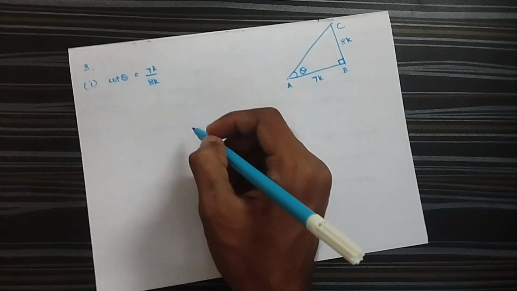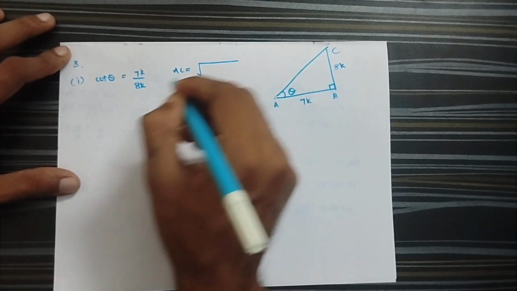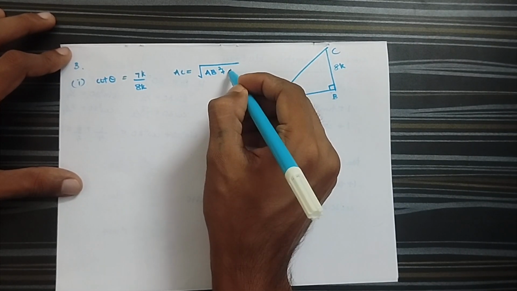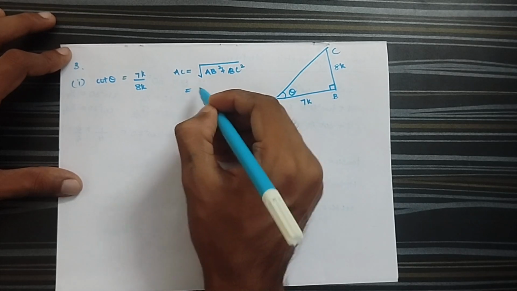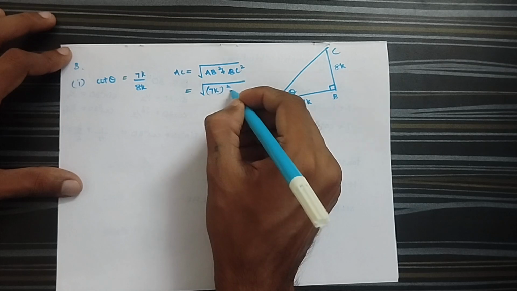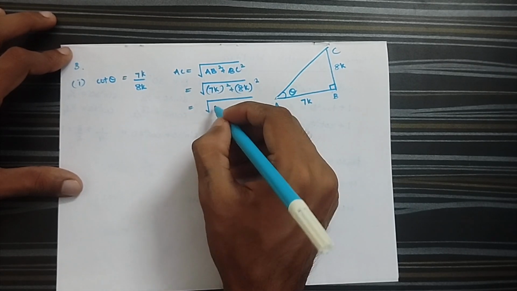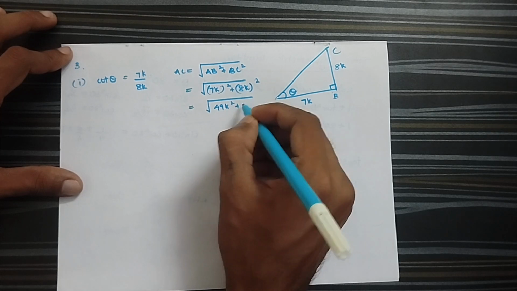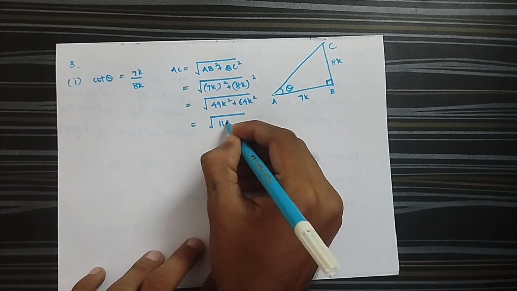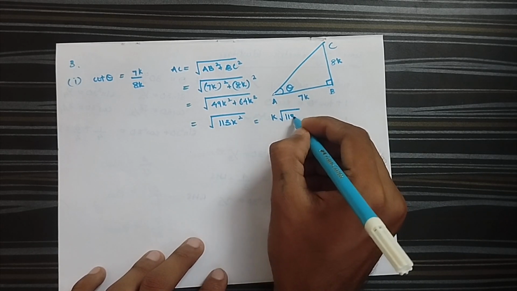So we need to find AC. We can find AC using the Pythagoras theorem. Root of AB square plus BC square, which would mean root of 7k whole square plus 8k whole square, which would be root of 49k square plus 64k square, 113k square, which would be k root 113.